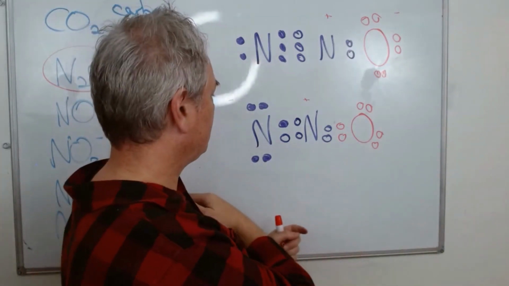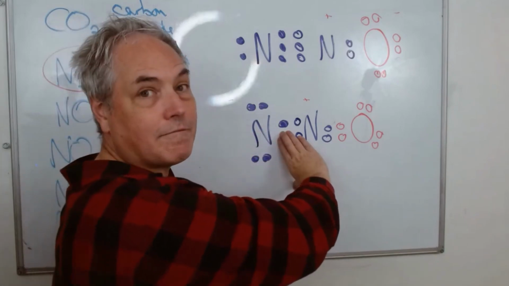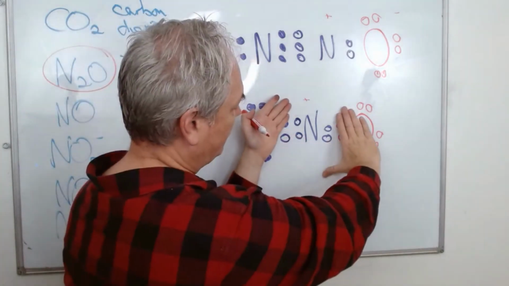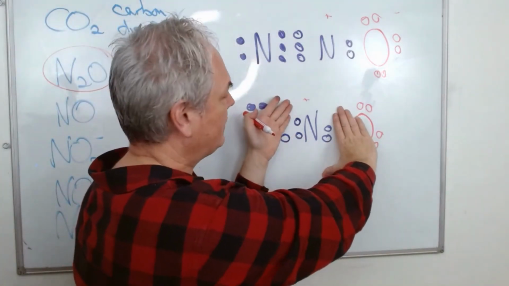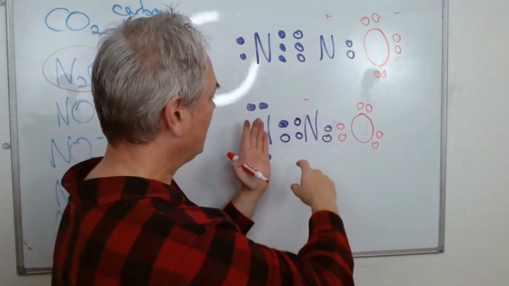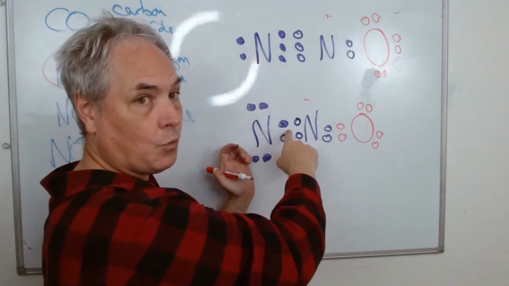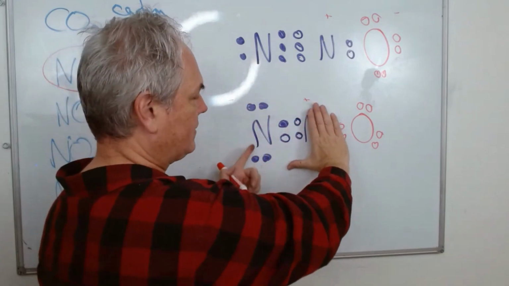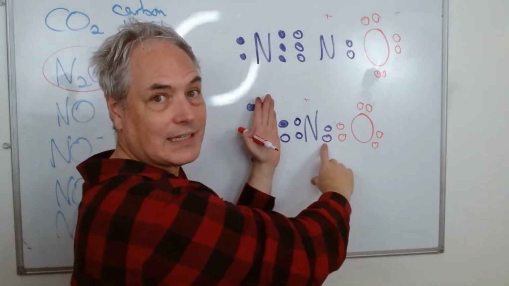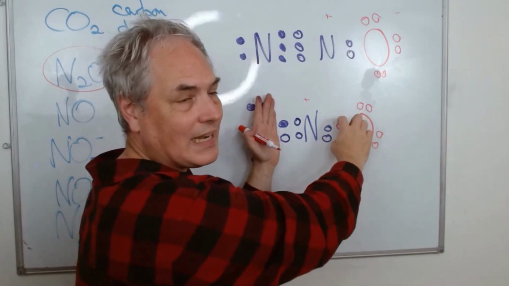How is that possible? Here we have nitrogen with 5 valence electrons, and here we have our 6 electrons. But what happened is that this nitrogen is sharing 3 and this one only 1. That gives us 8. Here the nitrogen is sharing 2 of these electrons with the oxygen.